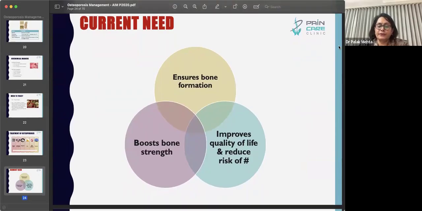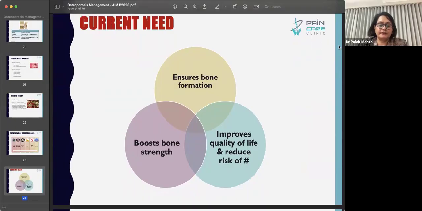So what we need to do, particularly in osteoporotic patients or documented osteoporotic patients, is ensure bone formation, improve quality of life, and reduce the risk of fracture. And we also need to boost the bone strength.